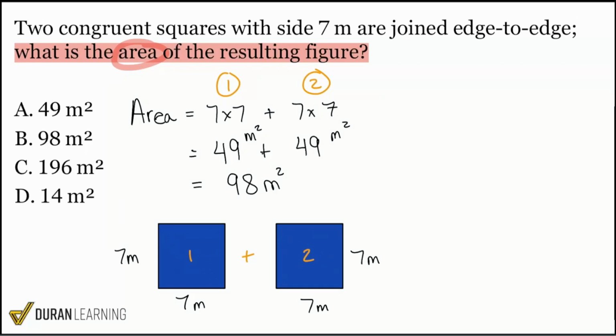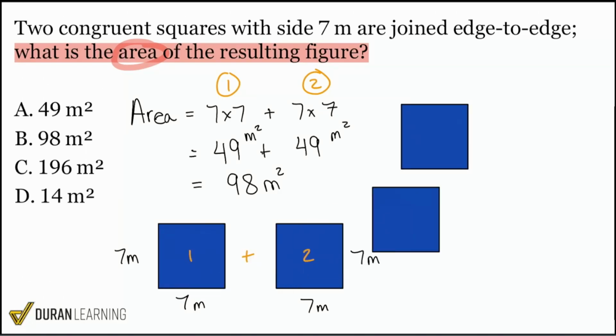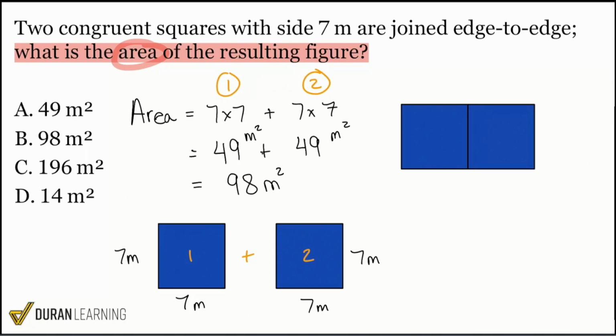If we were to add both of these together in terms of the shapes first, we can absolutely do that. I can take duplicates of each of these, put them together, and what we would have is 7s on the side over here. This over here would be 7 plus 7 because we have, again, both sides. 7 plus 7 being 14. So if we wanted to find the area that way, we could absolutely go with 14 times 7, and that's still going to give us 98 square meters.